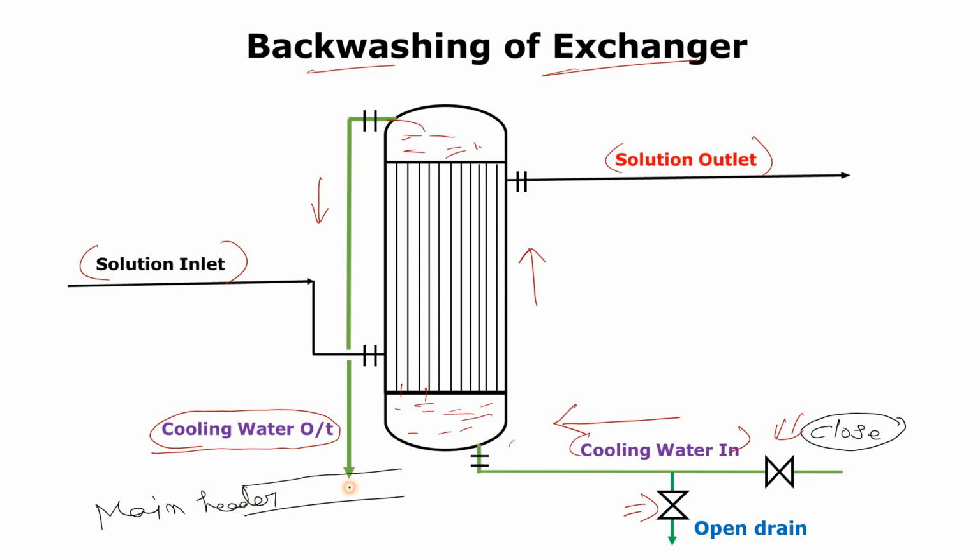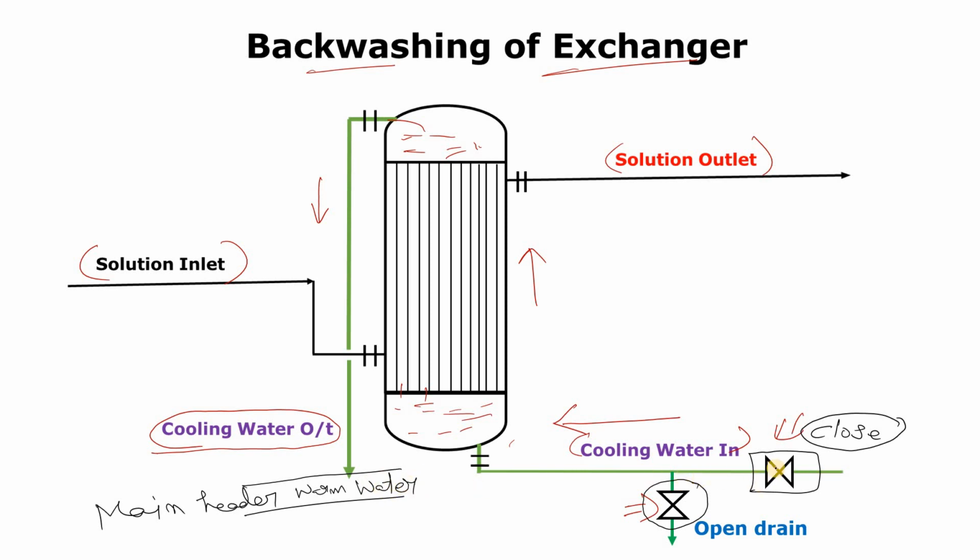So it will flow in reverse when we open this open drain. Why? Because this IV is closed, right? It is connected to the main header and there will be some warm water as well.